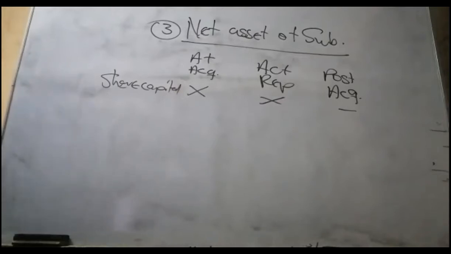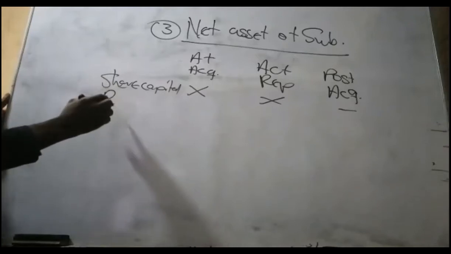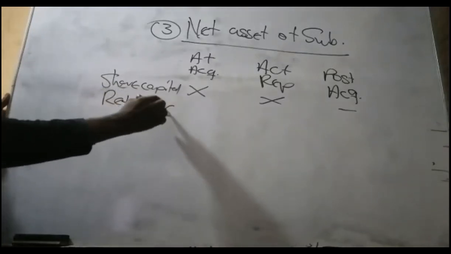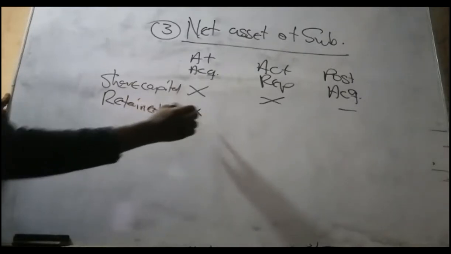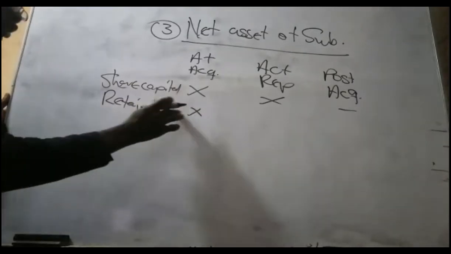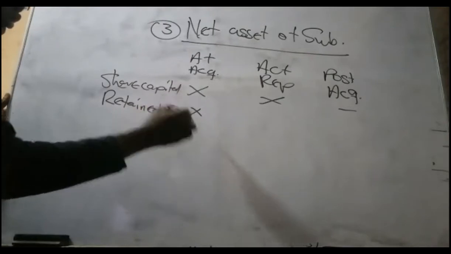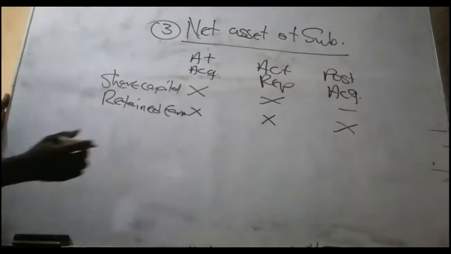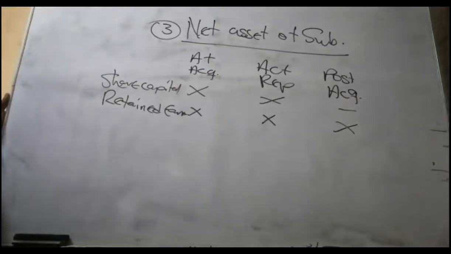Because we assume that the subsidiary has not issued any share after the acquisition. Then retained earnings, and then you get a figure here. Yes, don't forget the reporting currency.